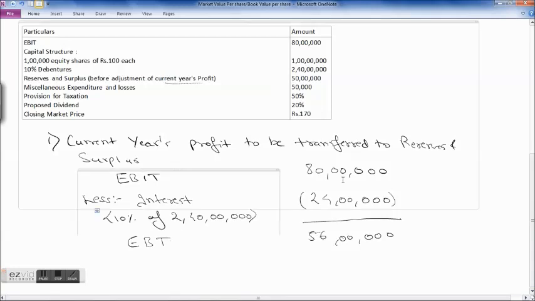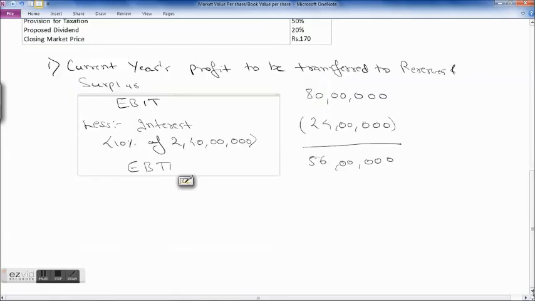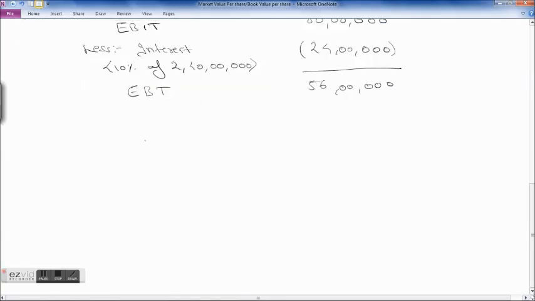Now we have to reduce provision for taxation. How much is the provision for taxation?